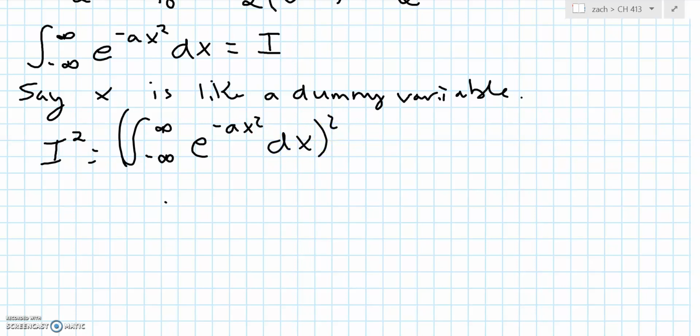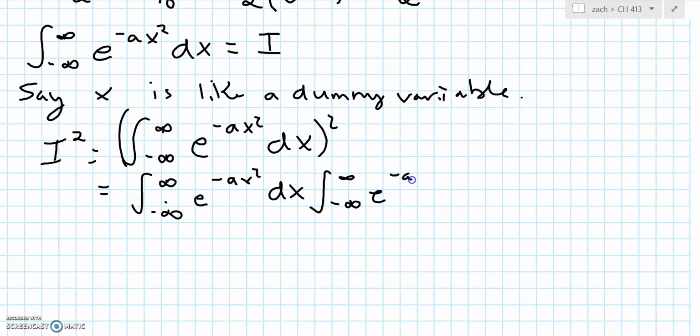But if we just say it's a dummy variable, we could say that it's the integral from minus infinity to infinity of e to the minus a x squared dx times the integral from minus infinity to infinity of e to the minus a y squared dy. And then we can combine these two together.